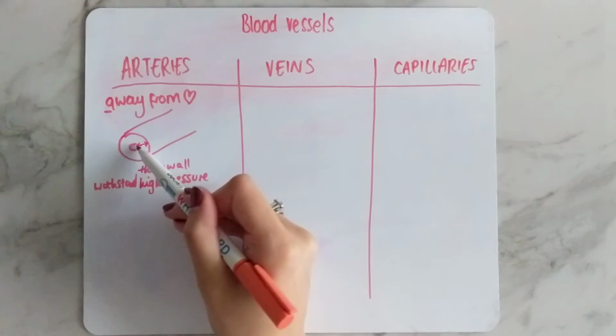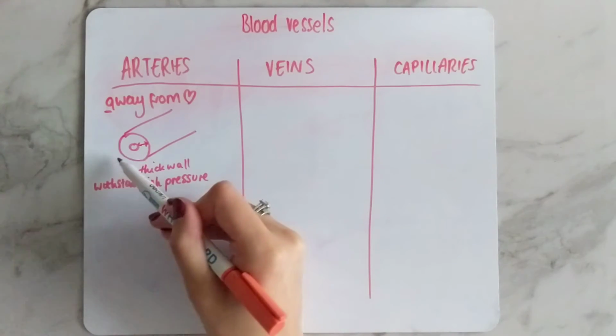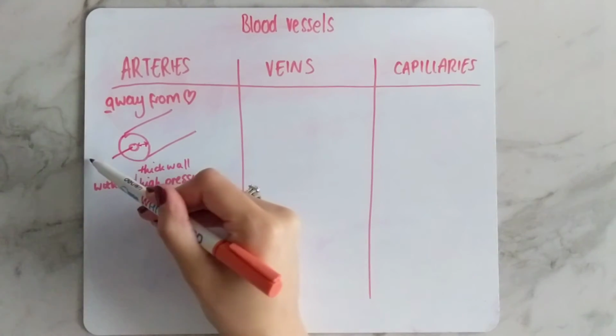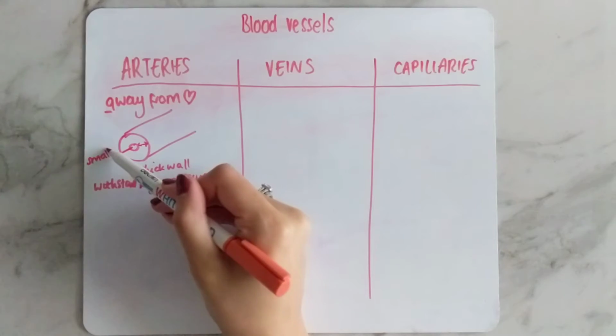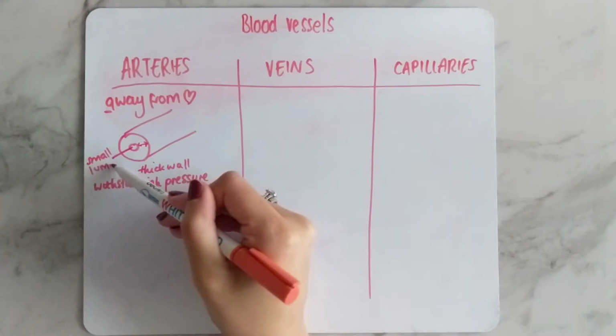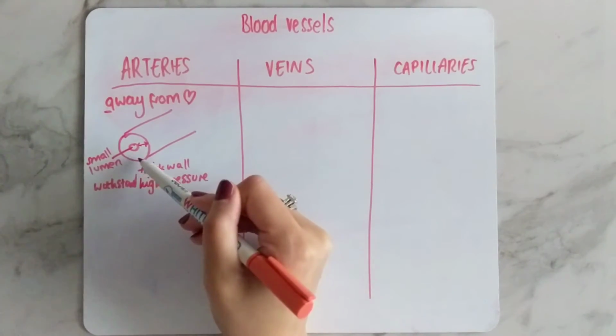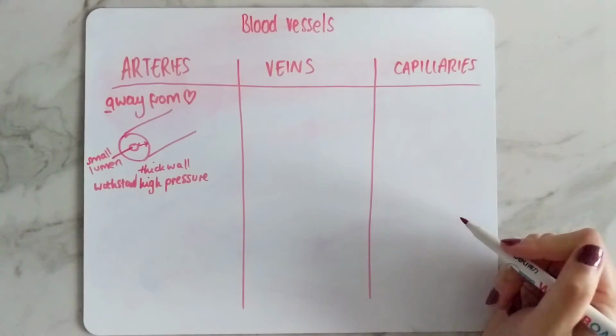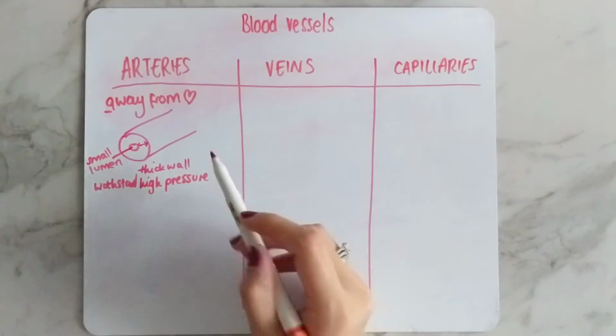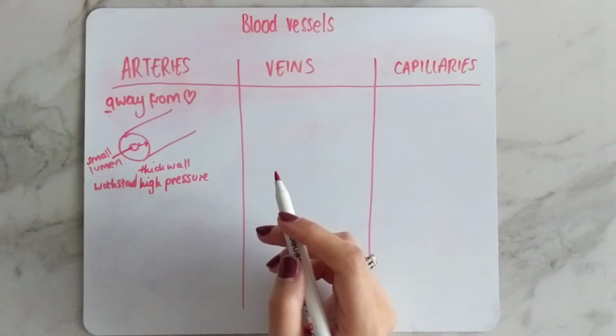This bit here in the middle is where the blood goes through, and you can see it's quite small. It's known as a lumen. So the artery has a small lumen and a thick wall. Carries blood under high pressure, and it carries blood away from the heart.